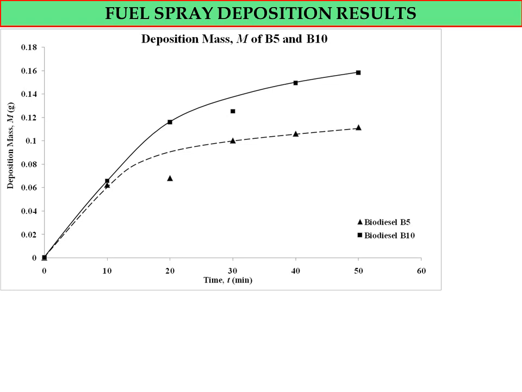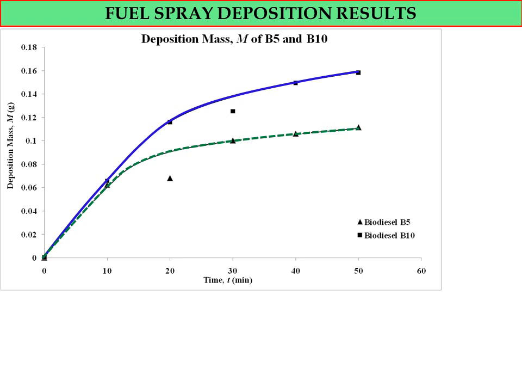The graph with the blue color line represents the result of deposition for biodiesel B10, and the dashed green color line represents the result of deposition for B5.